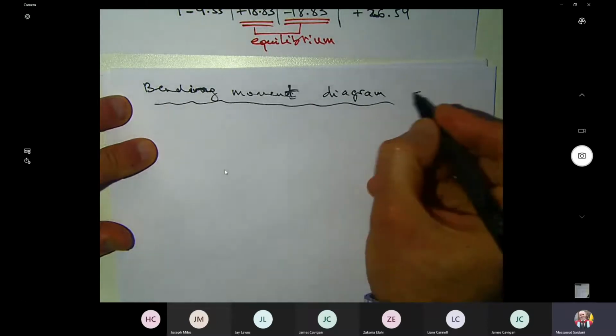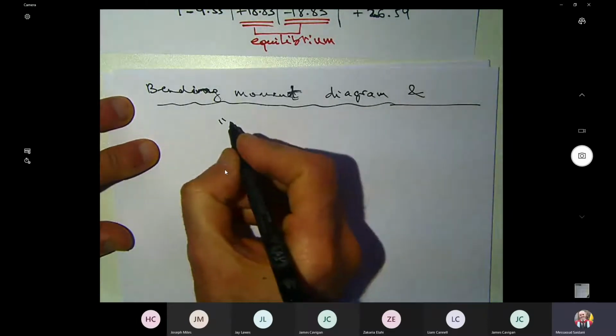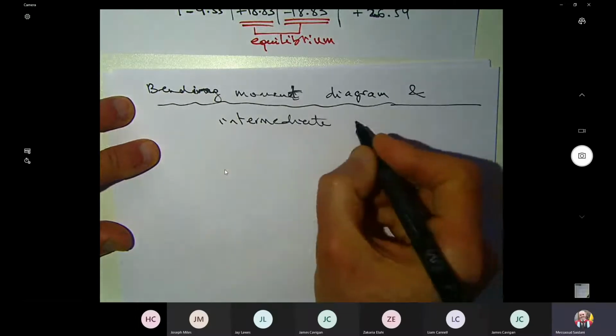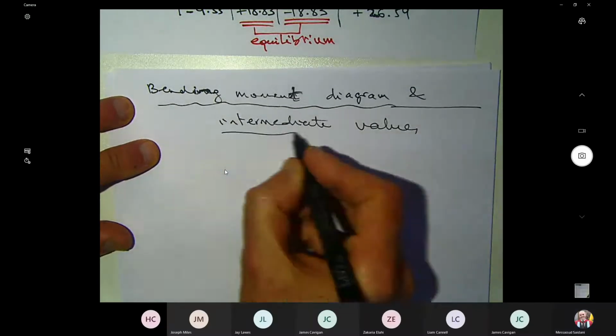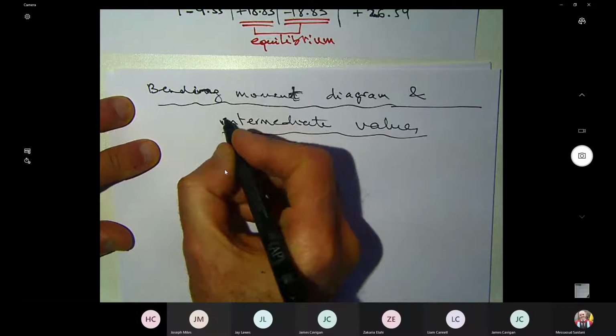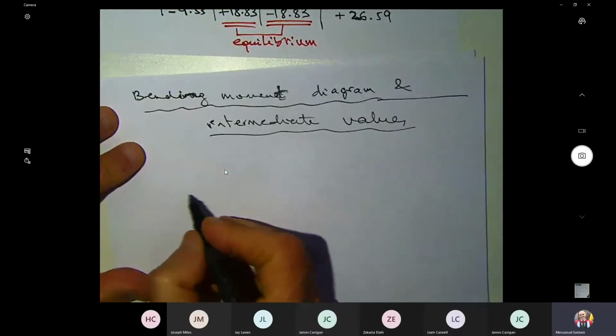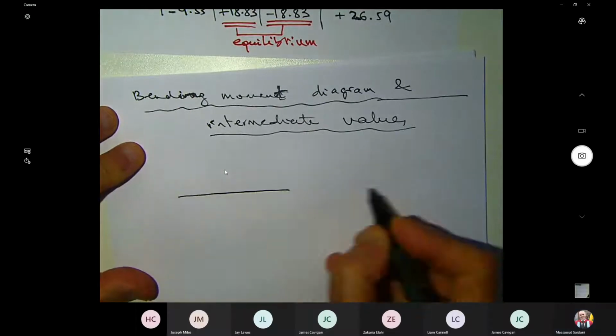So bending moment diagram and intermediate values, okay? So the bending moment diagram and intermediate values. So let's take our beam and see what's happening now here with this. So this is the beam here, A, B, C.